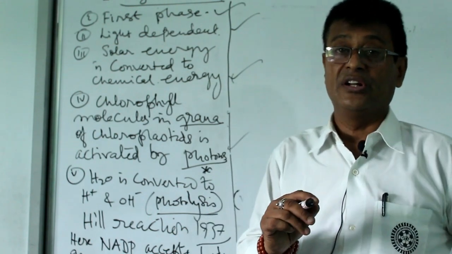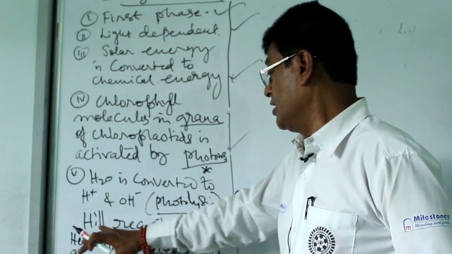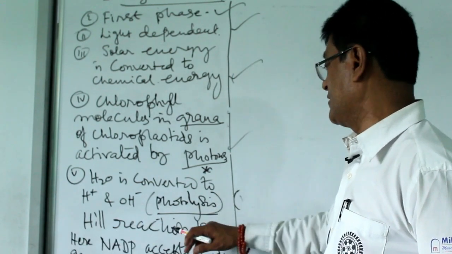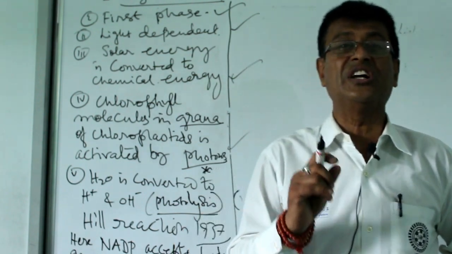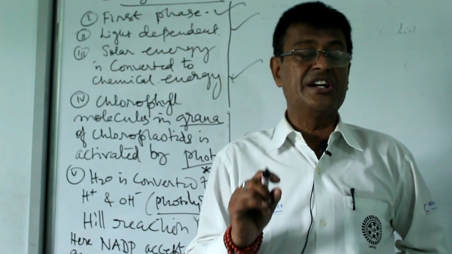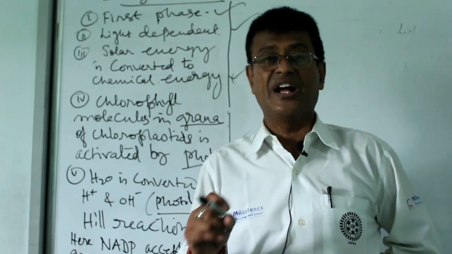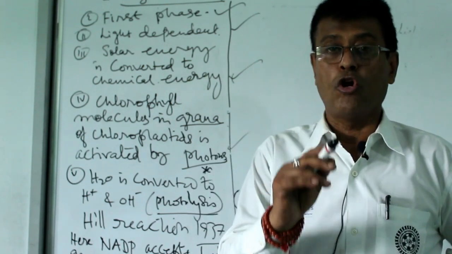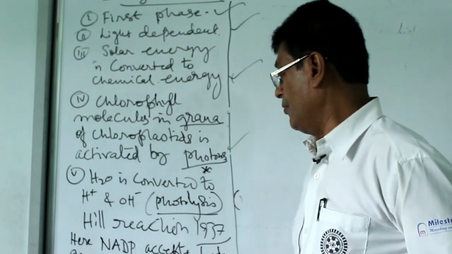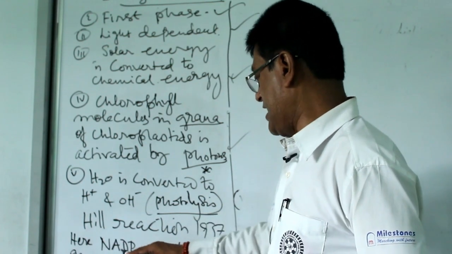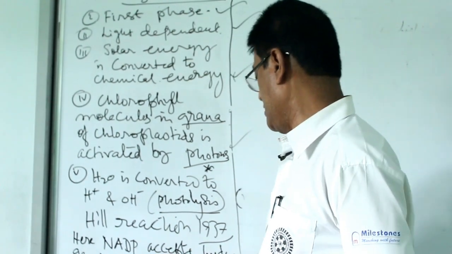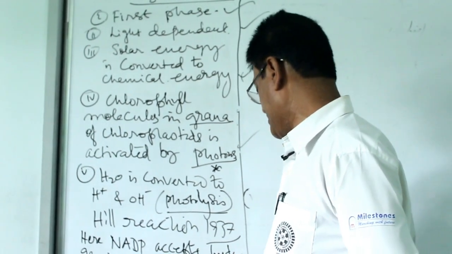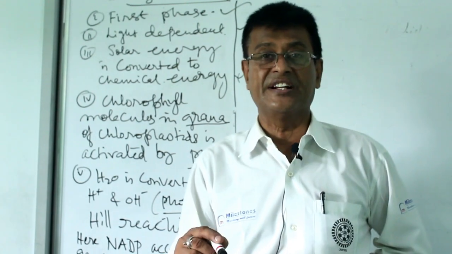This reaction was first observed by the scientist Hill, and so it is known as the Hill's reaction. He did it in 1937, and his name is Robin Hill. Now here NADP accepts the hydrogen and is known as the Hill reactant or the Hill's reagent.